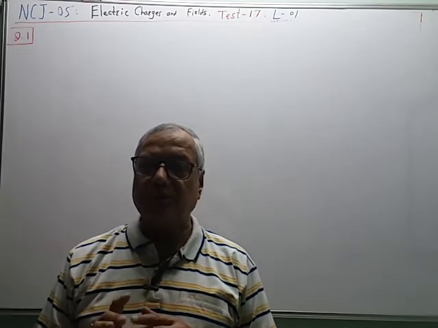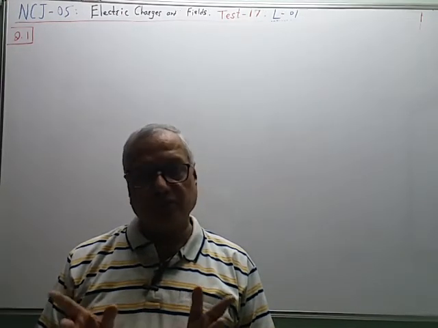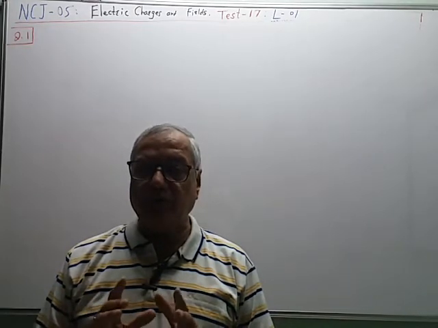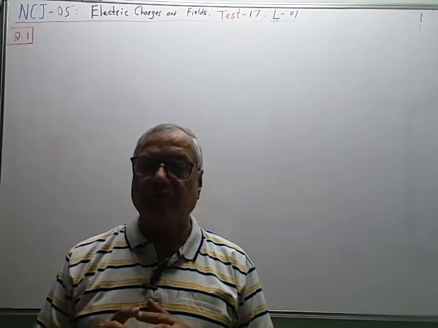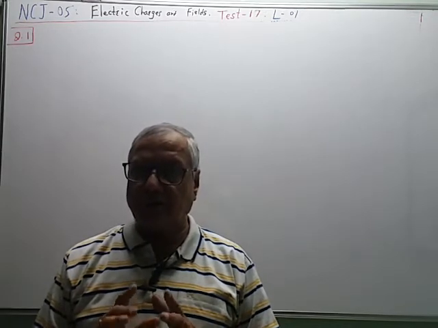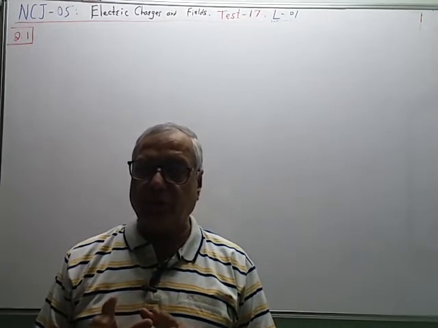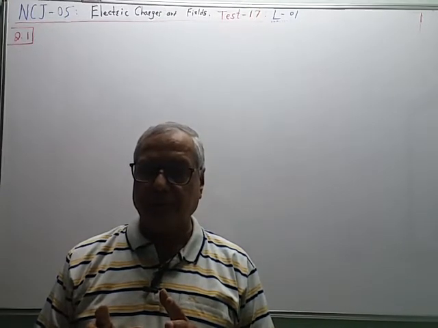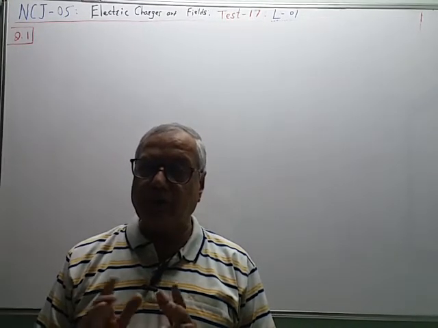That force of repulsion is calculated by using Coulomb's law. But when we use Coulomb's law, we require the charge. The charges on both spheres, Q1 and Q2, are not given directly.